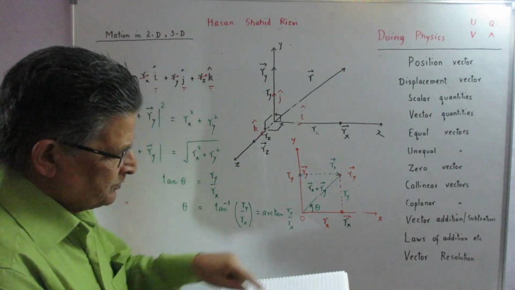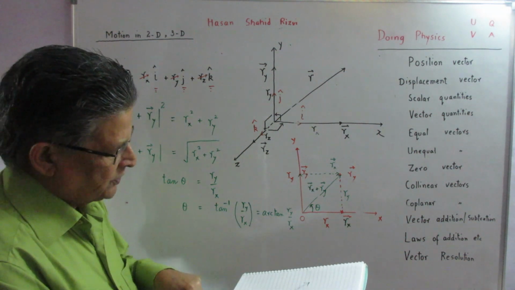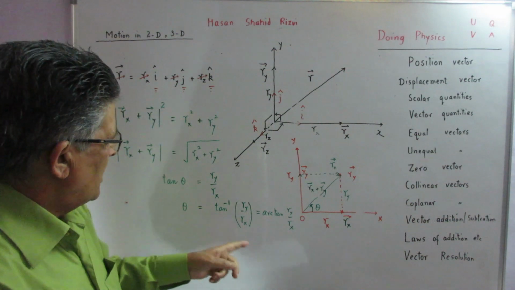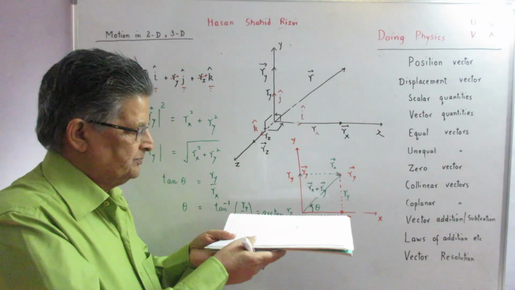So this value is Rx, this value is Ry, and this value is under root of Rx square plus Ry square.